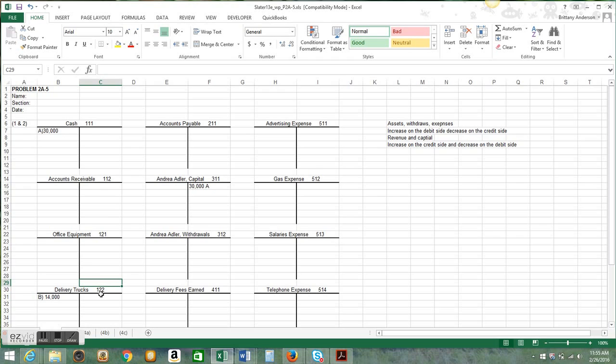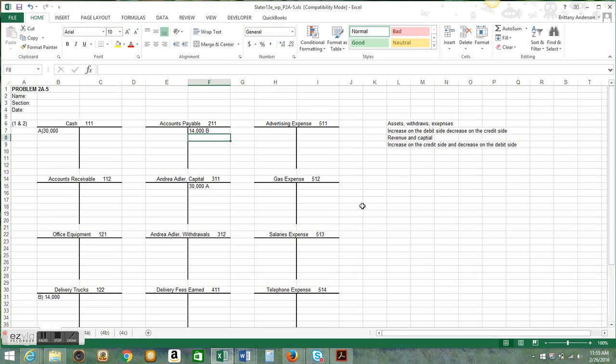I'm going to pay my vendor in the future, so it is going to be on the credit side for $14,000. As you can see, each time I do a transaction, I have a debit and I have a credit. My transaction must always be in balance. For every debit, I must have a corresponding credit.